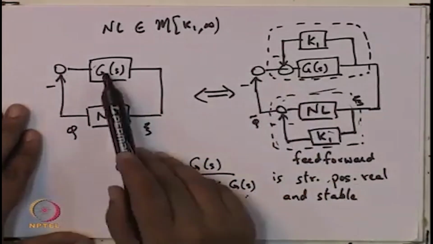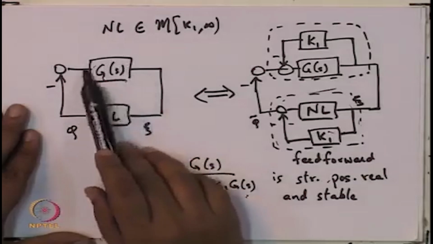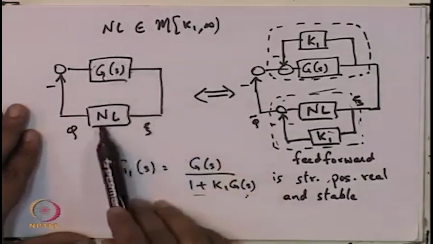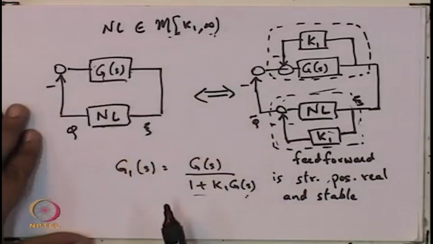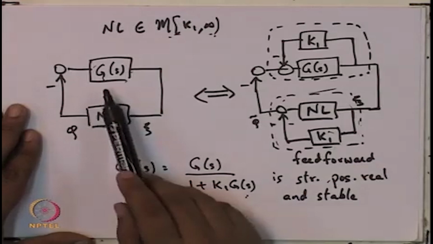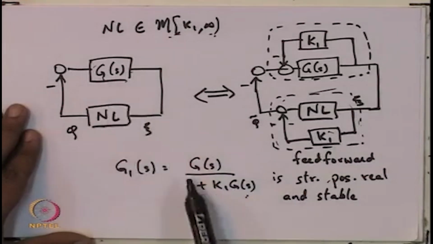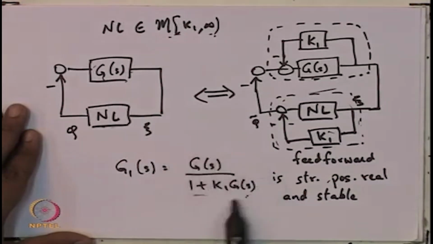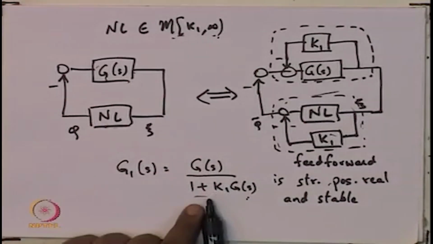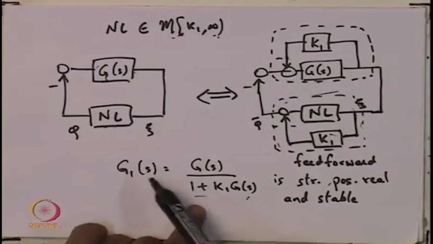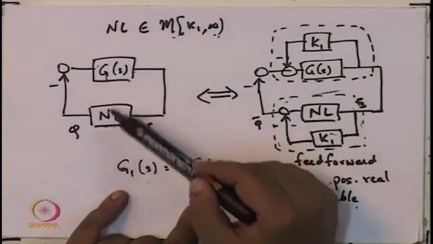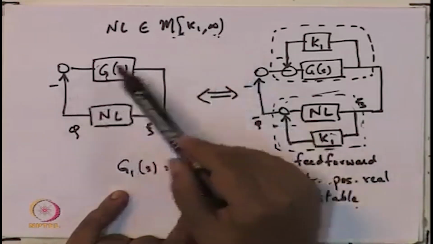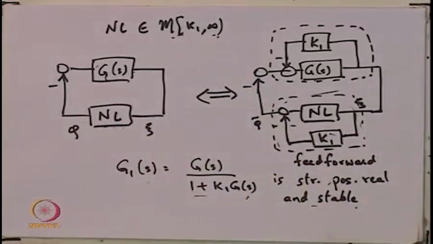Therefore, you can say something about all the transfer functions which, when interconnected to a nonlinearity in this particular sector, will give asymptotic stability. So, what is the result? The result is that if you take any plant and do this transformation, it should result in this new plant G1(s) being strictly positive real and stable. If that is true, then the original plant G(s) with this nonlinearity in the K1 infinity sector is going to give you stability.